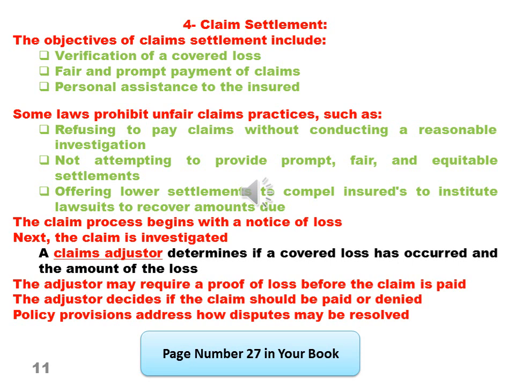Number two, fair and prompt payment of claims: the company must be fair in paying claims to the insured person for the exposure unit which was lost. Number three, personal assistance to the insured.